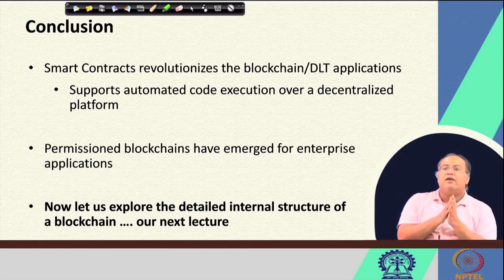In the next lecture, Professor Shural is going to talk about the internal structure of a blockchain, and then I will come back with the different consensus mechanisms which are applied over a blockchain.